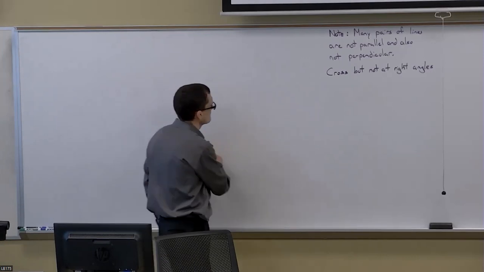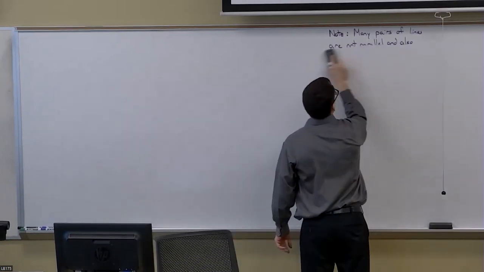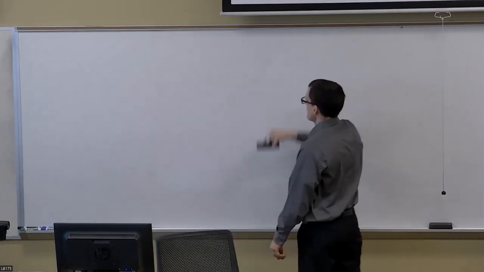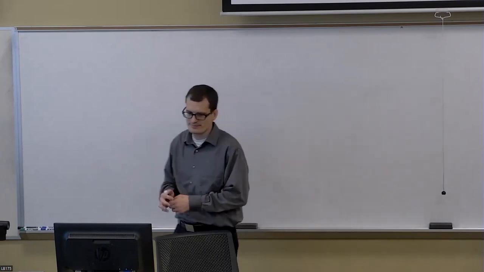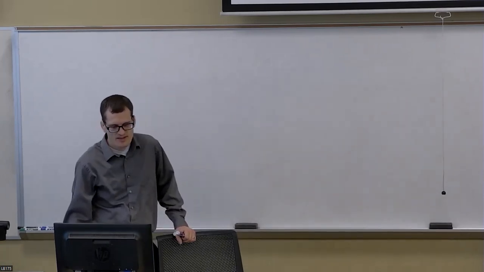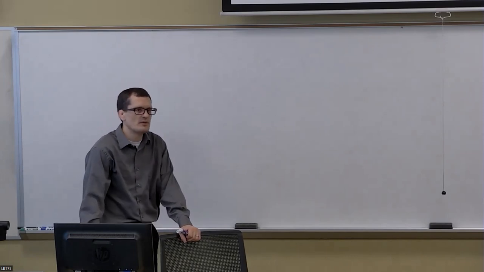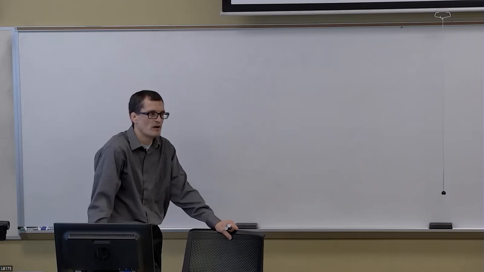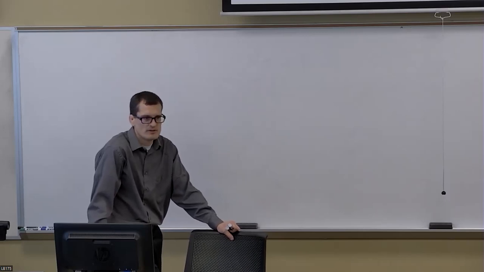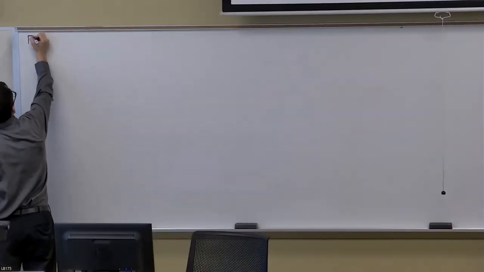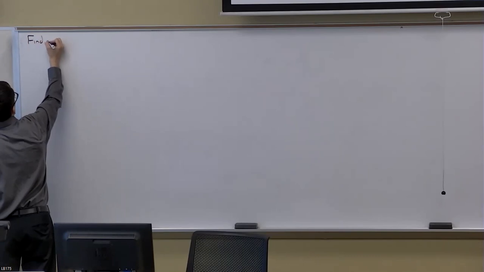Now, for the last thing that we're gonna do in section 2.2, it's gonna be very, very similar to the last thing we were doing in 2.1. So I was debating whether to do it first or last, so let's do it last. Let's start finding equations again.